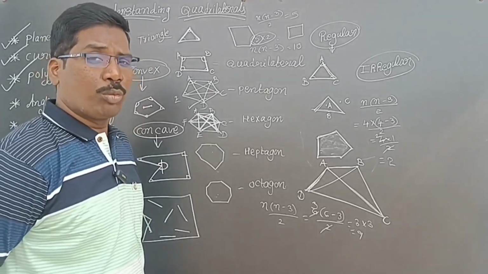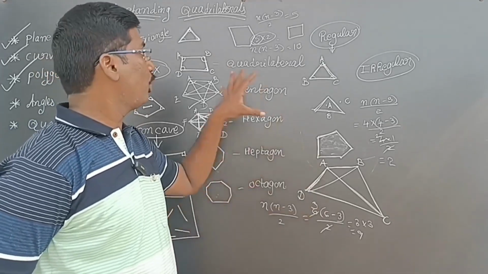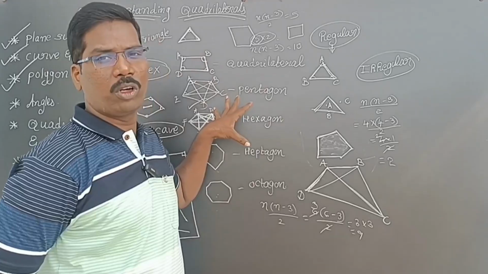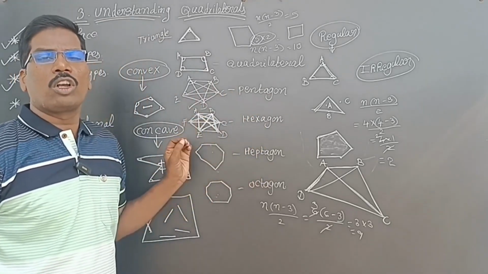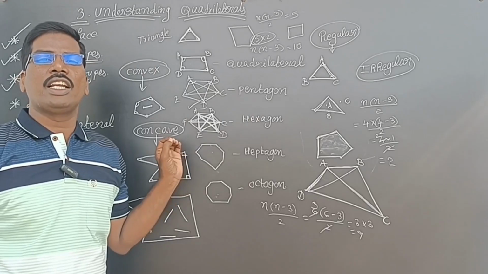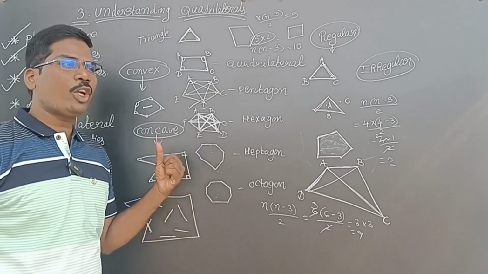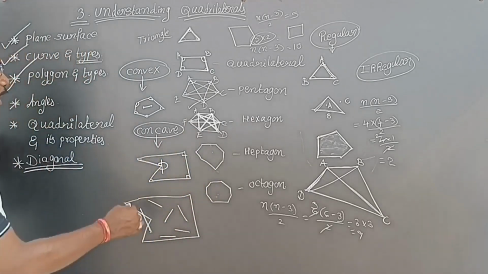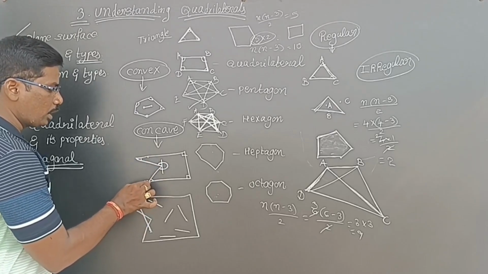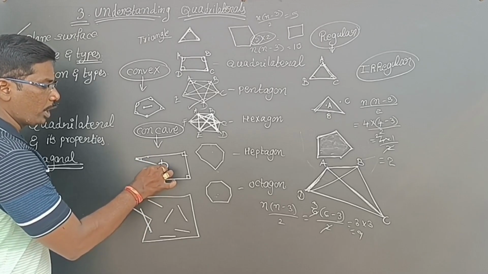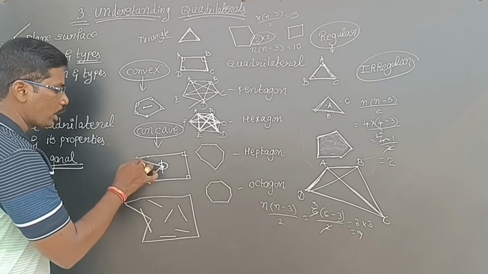About diagonals, one more important point: the diagonals of a regular polygon or convex polygon are always inside of the polygon. If you take a concave polygon, see here, these are not two adjacent vertices because one more vertex is here, so the diagonal will be outside.